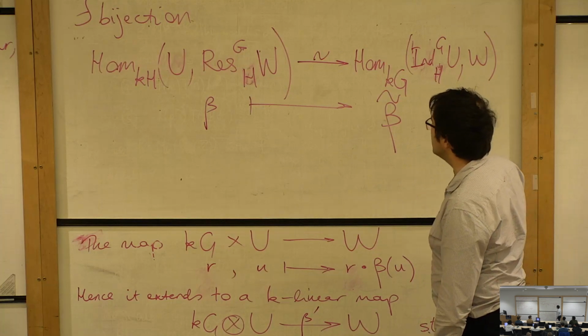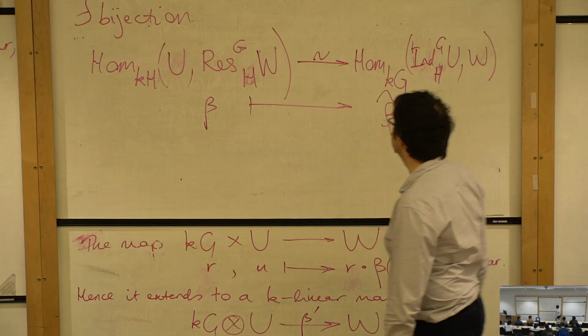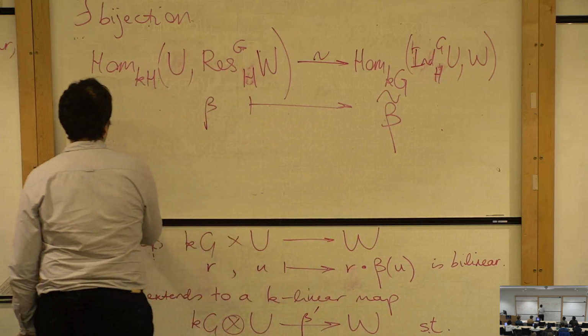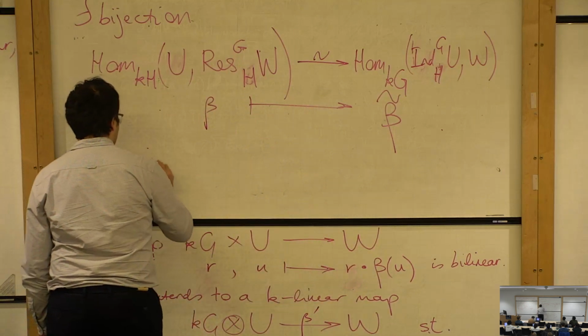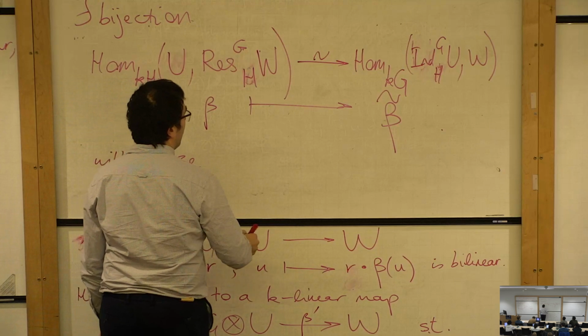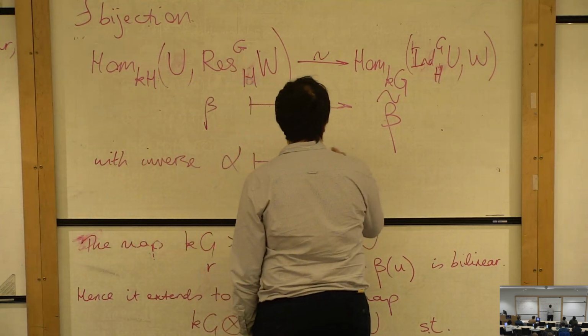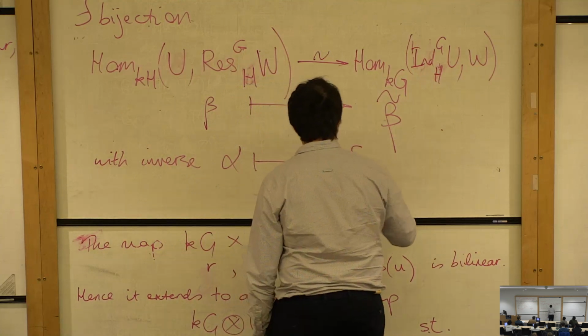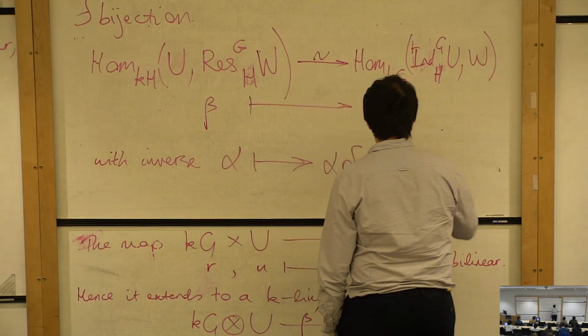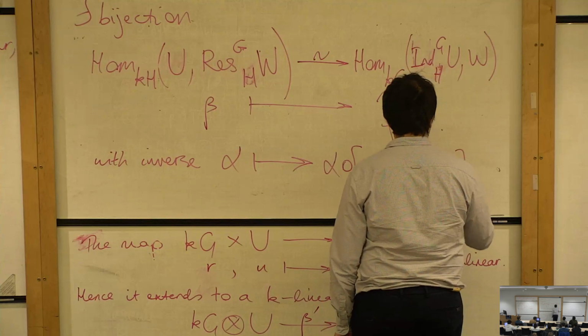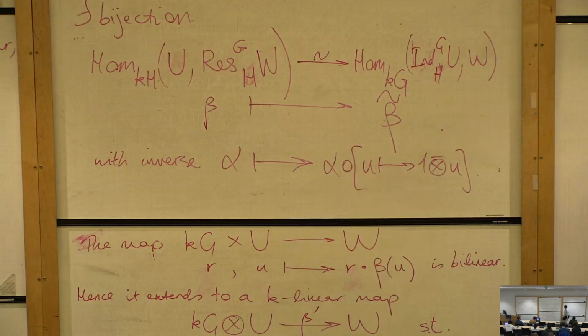And I'm claiming that this is a bijection with inverse. If I have something in here, alpha goes to alpha composed with the map that sends U to 1 tensor bar U. So how much of this have I actually proved?